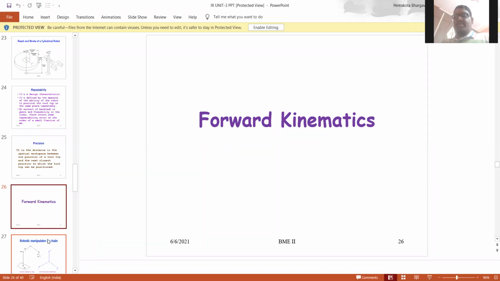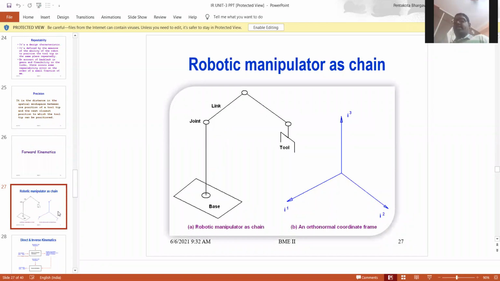Okay, forward kinematics. Here you enter our topic. Here the base of robotic manipulators is a chain.